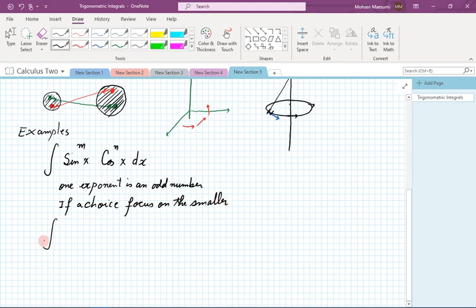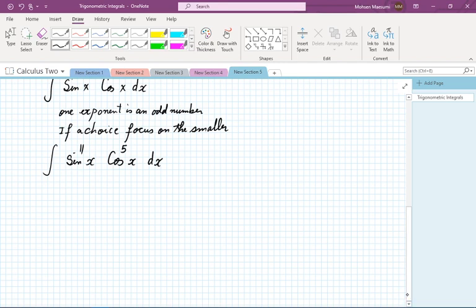Let's just write an example. Suppose I have sine to power of 11 of x, and then, let's make this one smaller, cosine to power of 5 of x dx. I want to calculate this. We remember the derivative of sine is cosine, the derivative of cosine is negative sine, and so on.